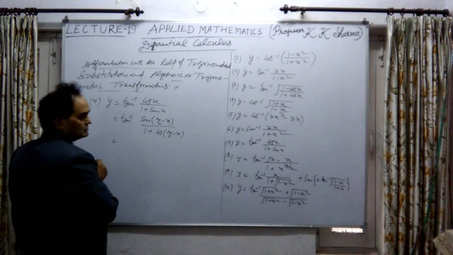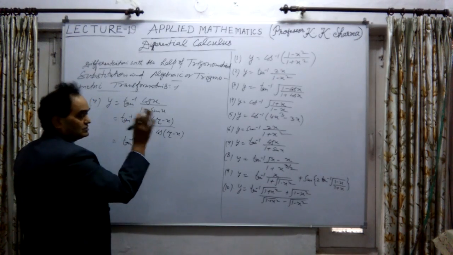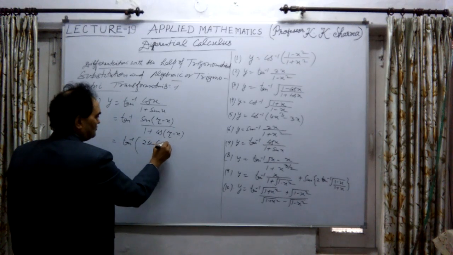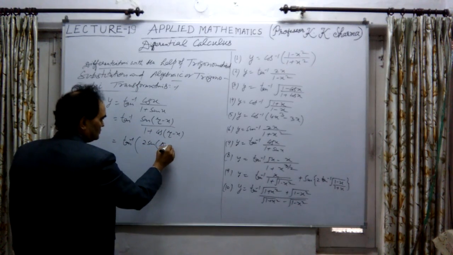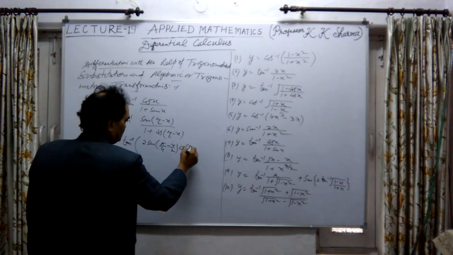In the denominator, what do we get? Let me change it further. Now sin theta equals 2 sin of half of this angle, so this will be pi by 4 minus x by 2, times cos of pi by 4 minus x by 2.